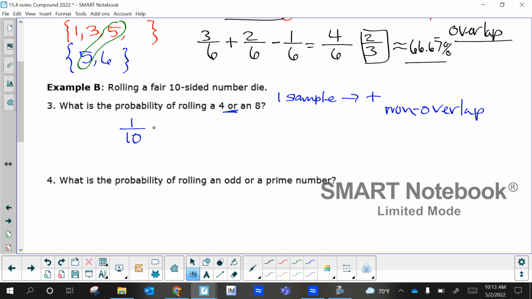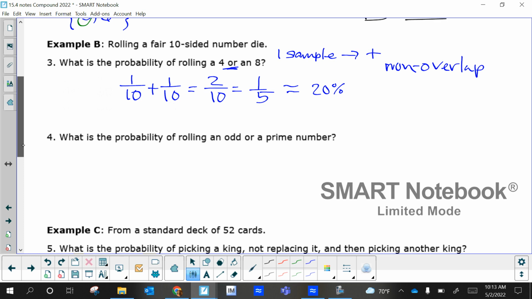And so 1 out of 10, and then we're adding a 1 out of 10. We're not doing 1 times 1, we're adding 1 plus 1. So that's a 2 in 10 chance, which is 1/5, which is about a 20% chance that we have of rolling a 4 or an 8.